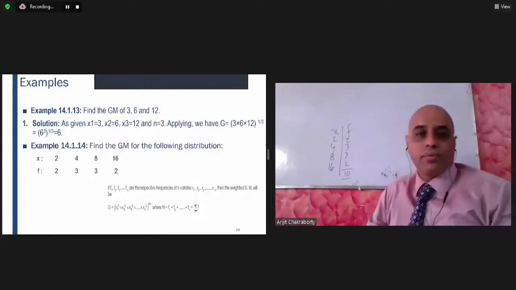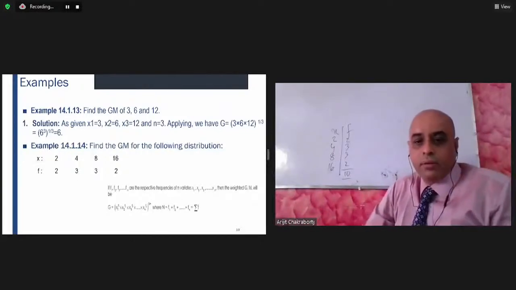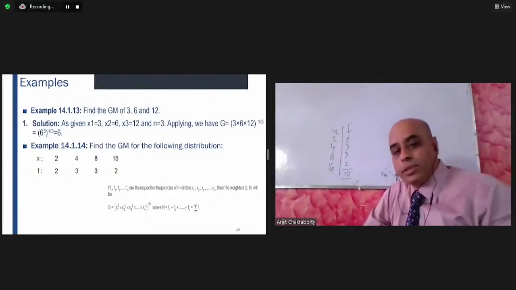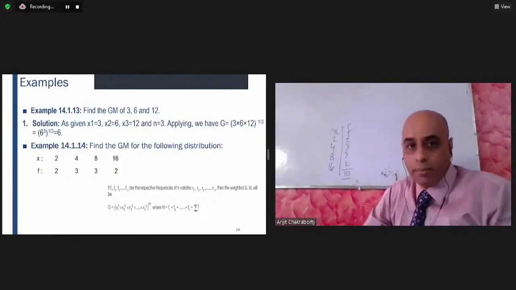In this type of situation, you have to create the index, and the index will be the frequency of each number.